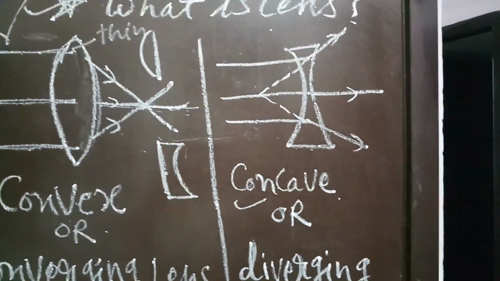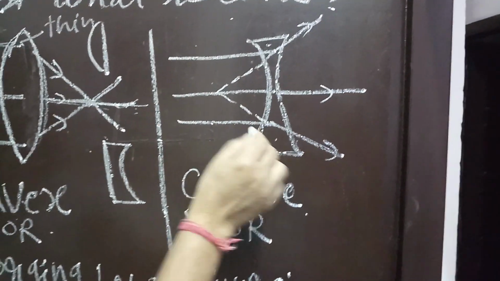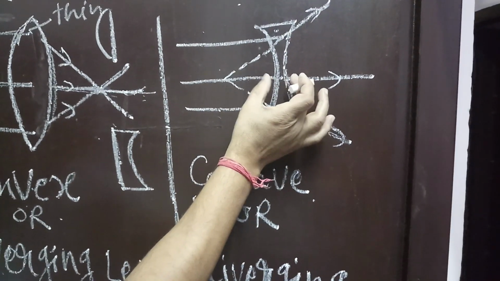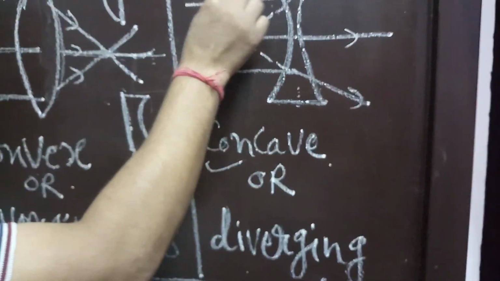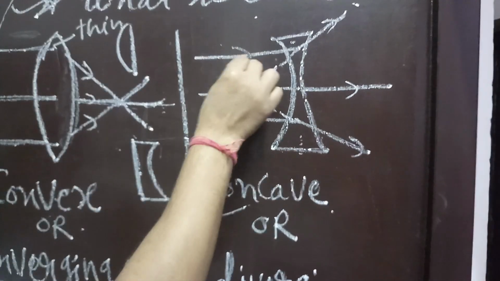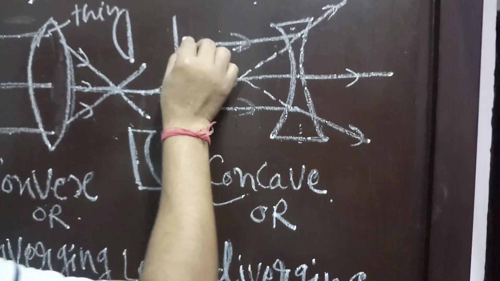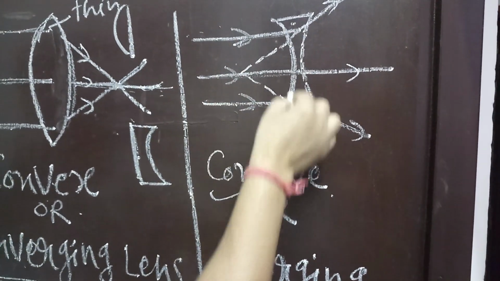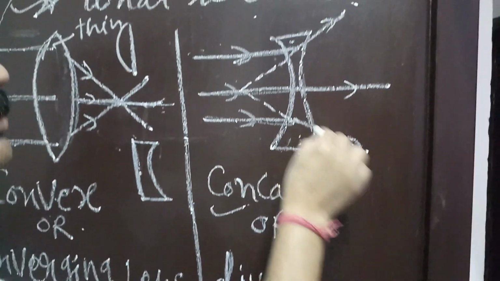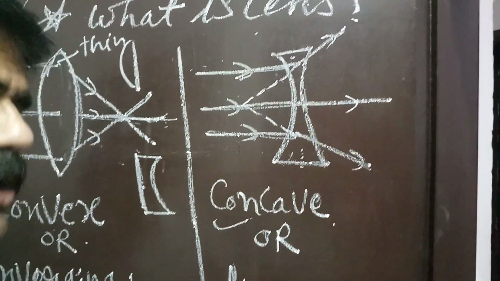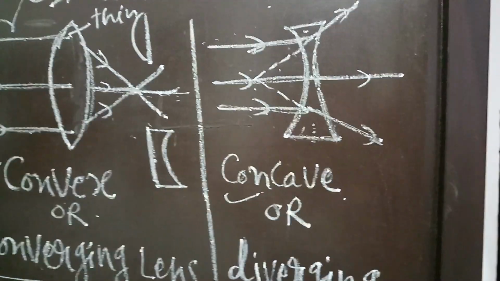Now the concave lens. When you touch it, you feel that at the corners it is thick and in the middle it is thin. So this is a concave lens. When a light ray is incident, don't forget to put arrows on the light rays. We always have to put arrows. So when light rays are incident on a concave lens, this lens diverges the rays, and the rays appear to come from a point.